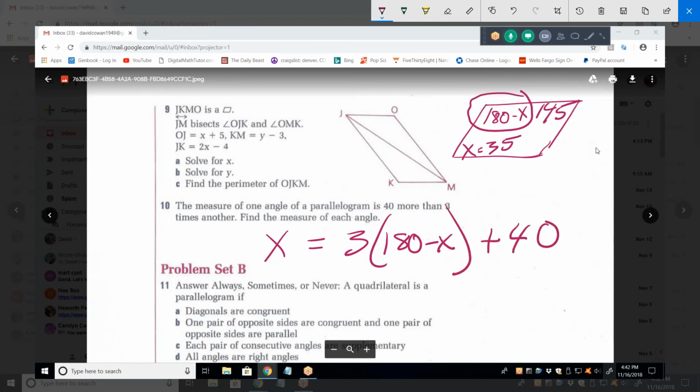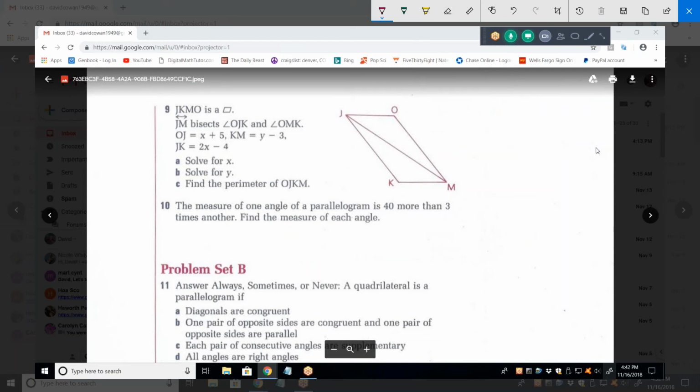In other words, you don't have to always draw diagrams. It would have given me the same answer for the 2 angles. It's just that X would have come out to be 145. Okay? So, what next?